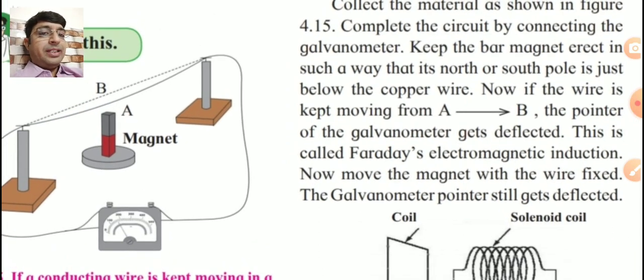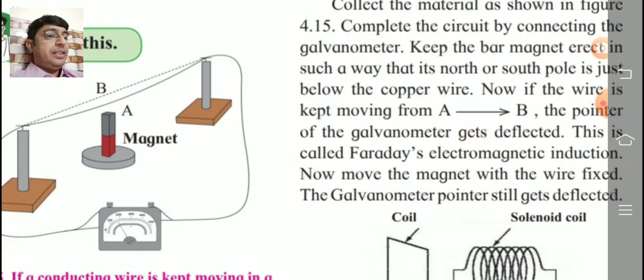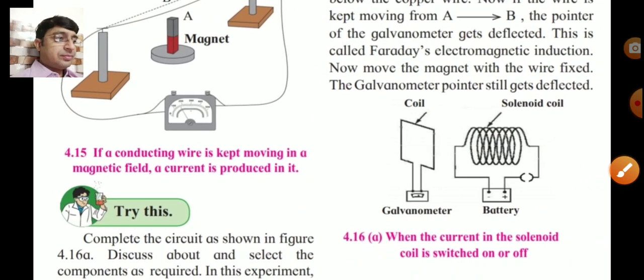First time you move the magnet from A to B, and the second time you move that conductor wire or coil from A to B. Out of these 2 materials, we are moving any one material from A to B and B to A, so we are getting the deflection in the galvanometer, and that's why this experiment was found by the scientist Faraday, and that is called Faraday's electromagnetic induction. All are getting? Next.